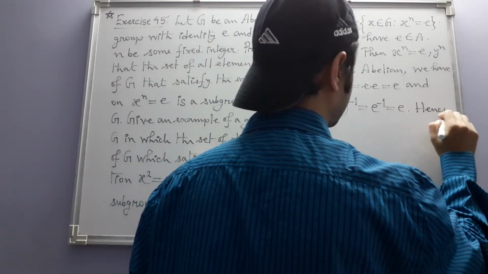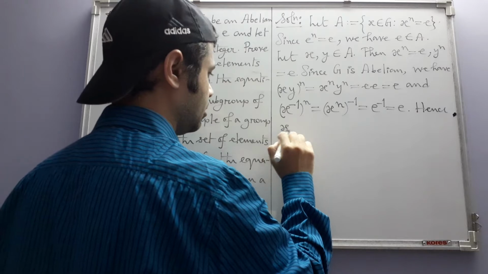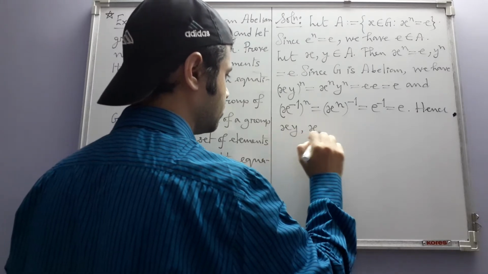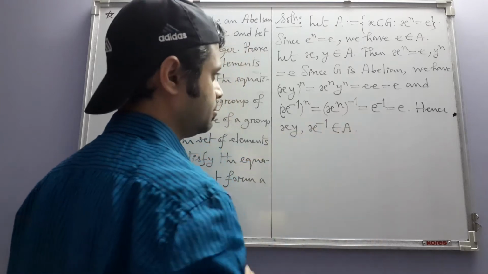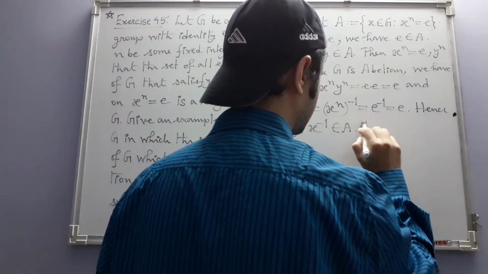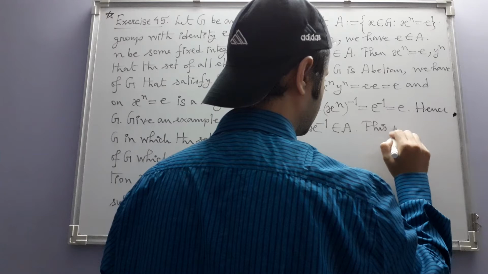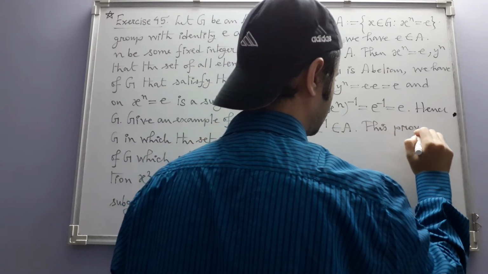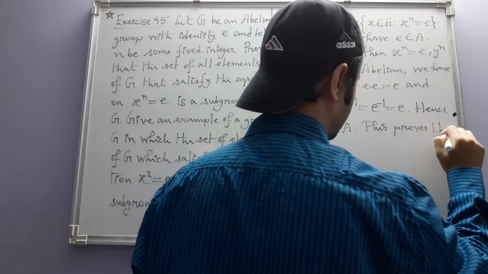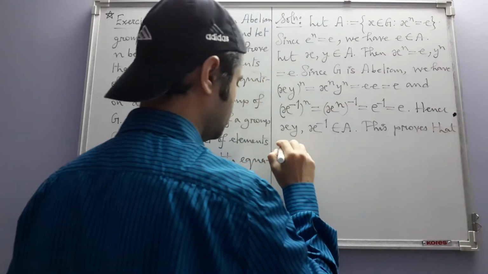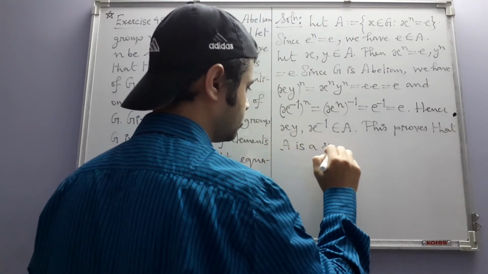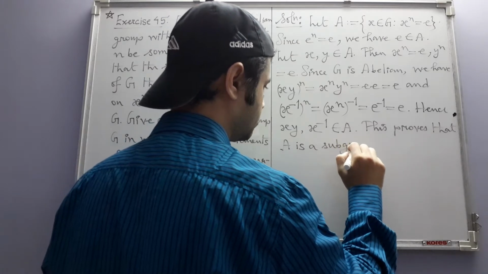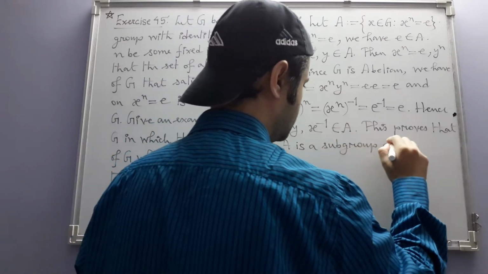Hence xy and x inverse both belong to A. This proves that A is a subgroup of G.